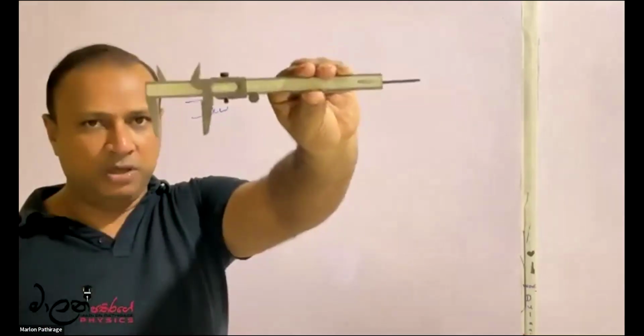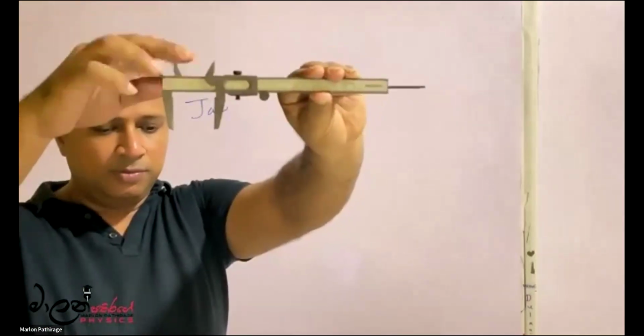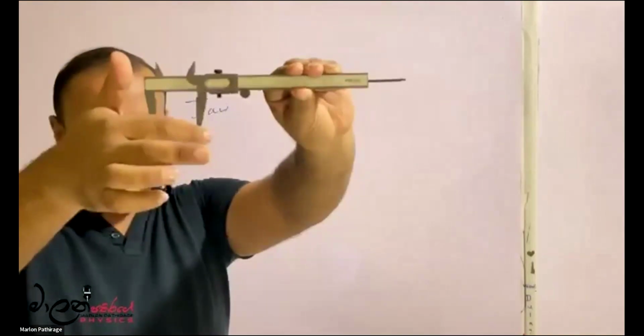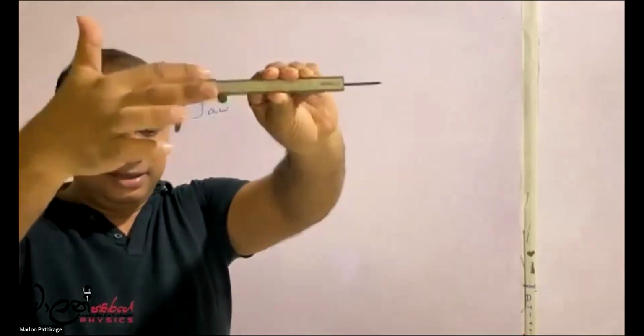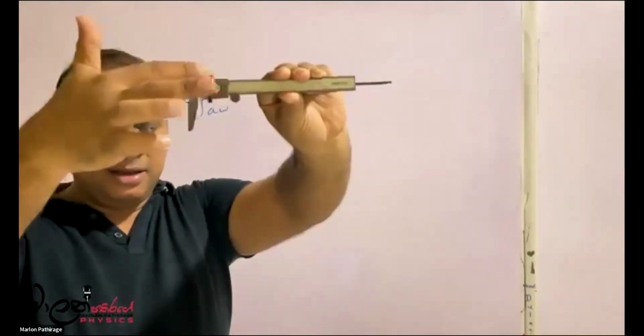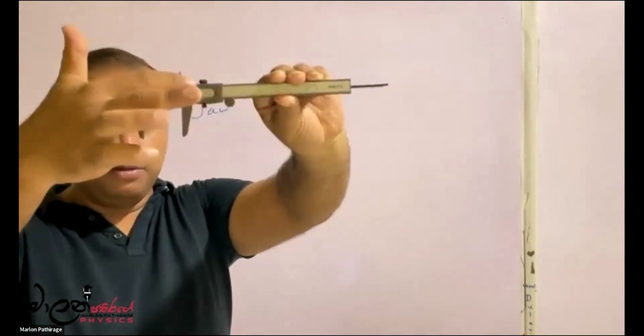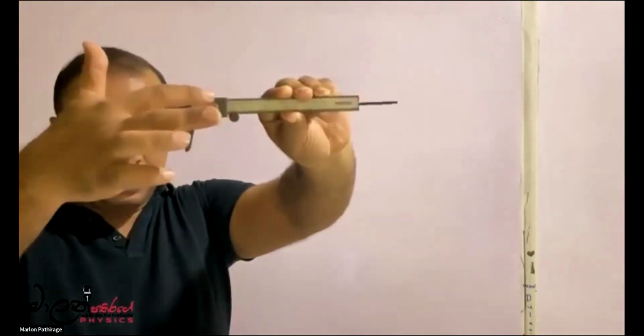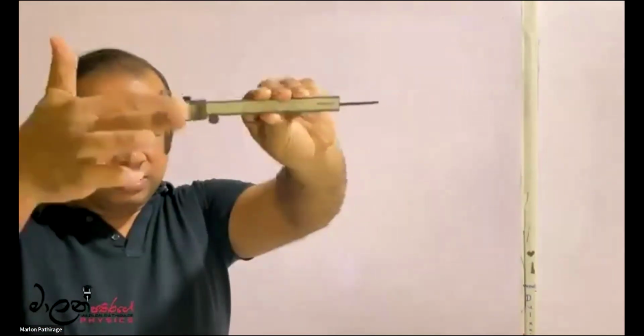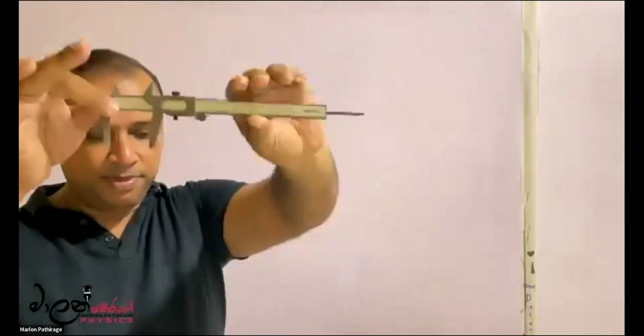There are a few parts to be identified. One is these two: internal jaws and external jaws. Then there's a vernier scale here. This one is the main scale.